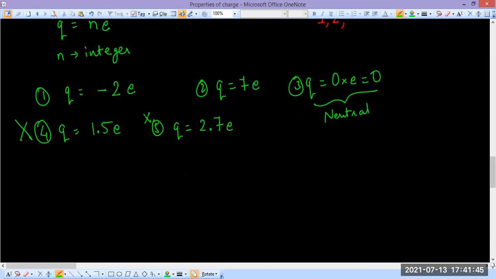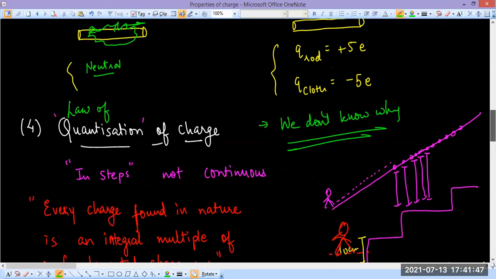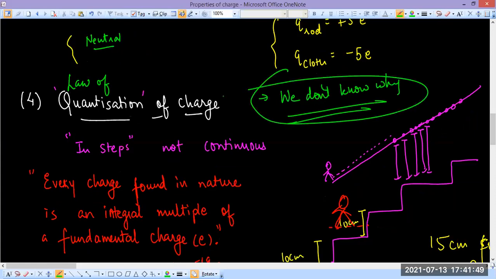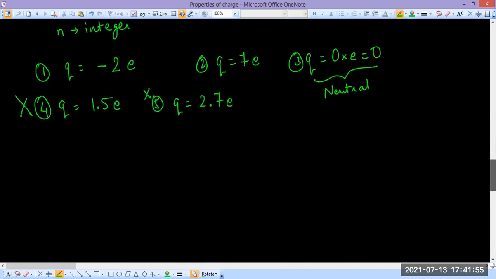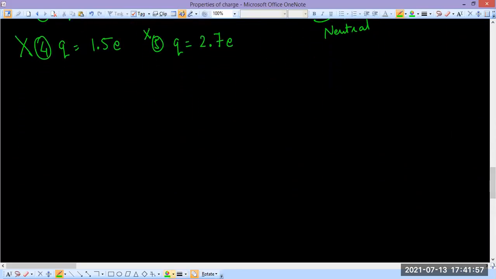I was saying that it's not really a big surprise, but again, we don't really know why charge has to be quantized. But if you think about it, you will get some idea if you focus on the electron. All the materials, bodies or objects that we see around ourselves are made up of atoms. Where do atoms get their charge from?